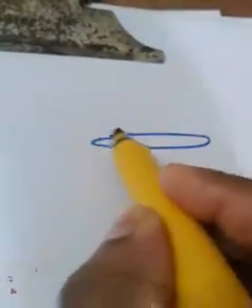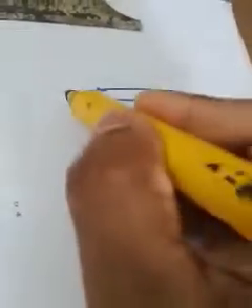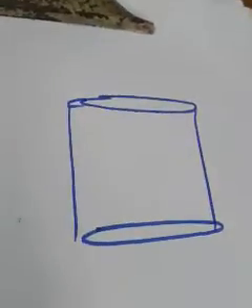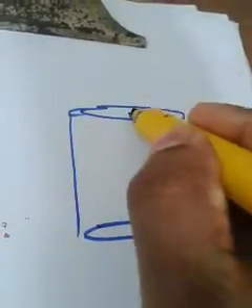Okay, find its height. Let me draw a figure, then you will understand very fast. The question is discussing a cylinder, so let me draw a cylinder first. This is your cylinder, and in a cylinder, how many dimensions are there?